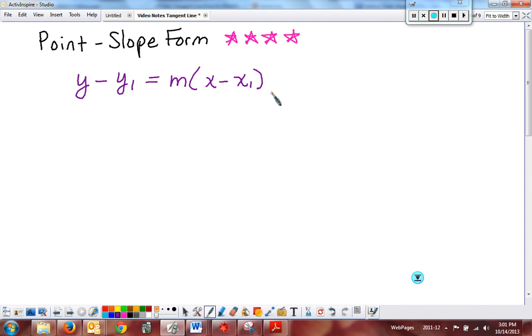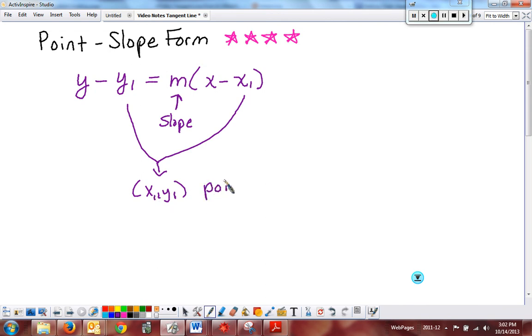The m right here is going to be our slope, which you're going to plug in a slope value. And then you have your x1 and your y1. x1 and y1 are going to be your point. So it's some point that you have that you're going to plug in the values for.